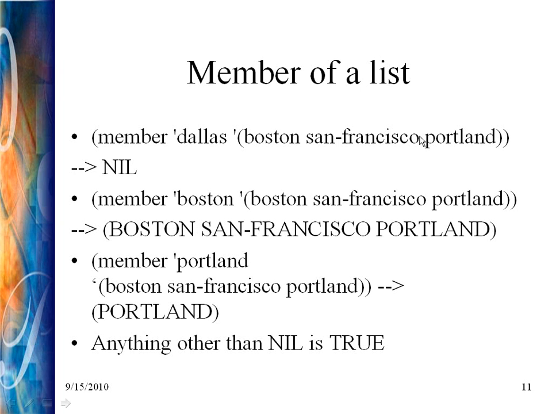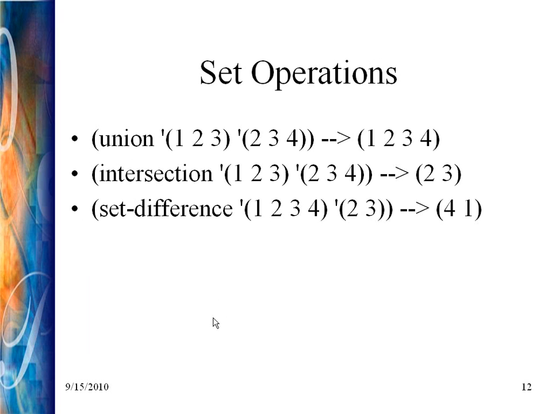So Dallas is not in this list, so it returns nil. But Boston is in the list, and what member returns is the list starting at the element that you've found. Boston is the first element of the list, so it returns the entire list. Portland is the third element of the list, so it returns the list containing just the city Portland.